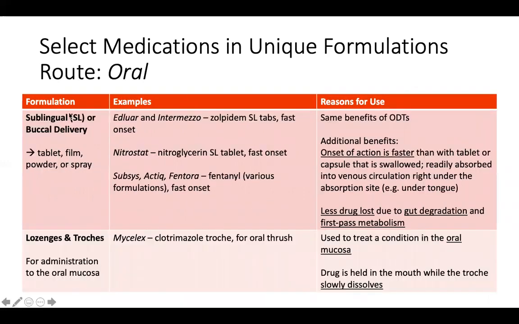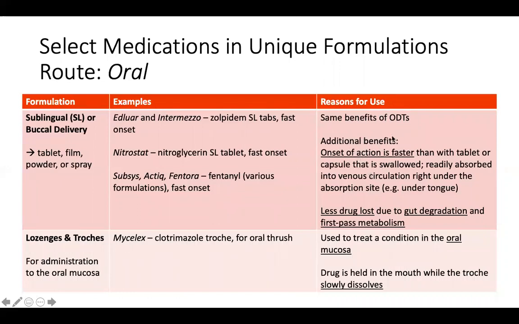We also have sublingual or buccal, and some other examples are tabs, films, powders, or sprays. We also have some more examples here. Reasons for use are kind of the same as for orally disintegrating tablets, and we have a quick onset of action.